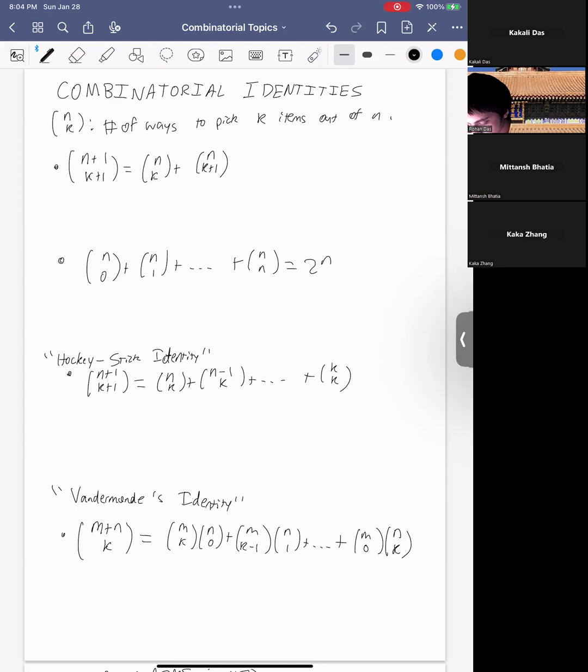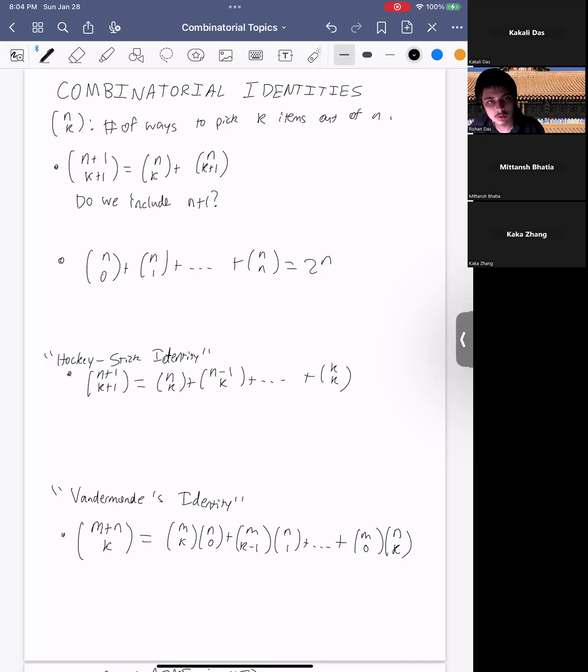So for the first one, you can think about how to choose k plus 1 elements out of n plus 1. We can think about whether we include n plus 1. If we don't, then out of the first n elements, we will be picking all k plus 1 of them.